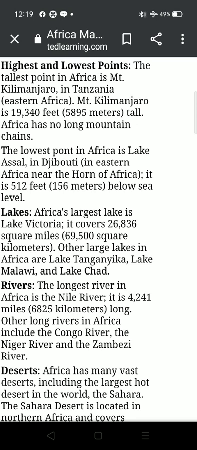Regions on both sides of the equator receive heavy rainfall. The central part and western part of Africa receive heavy rainfall. Because of this heavy rainfall, we see dense and thick forests.